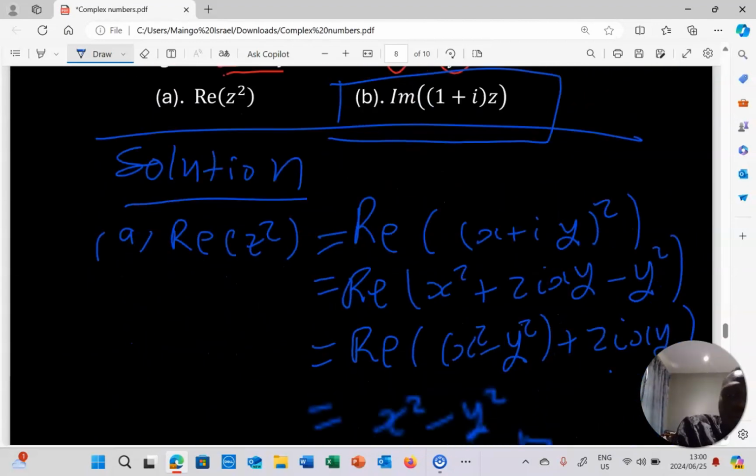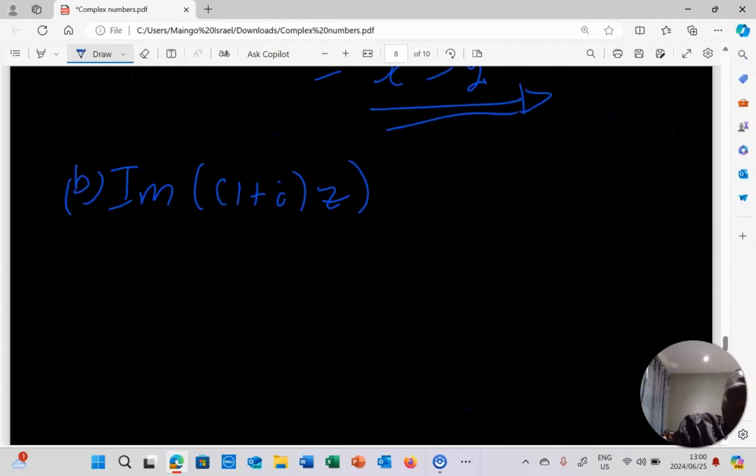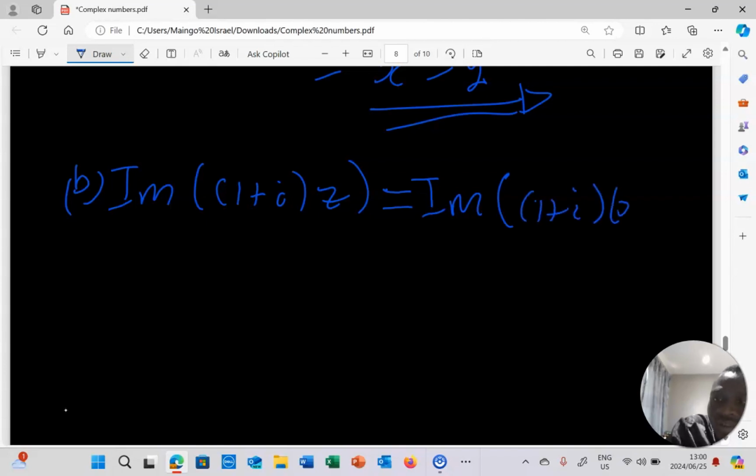So yeah, 1 plus iz. So this is all about substituting x plus iy where there is z. So this is just 1 plus i times x plus iy. Remember, we're expressing these quantities in terms of x and y. So this will be the imaginary part.